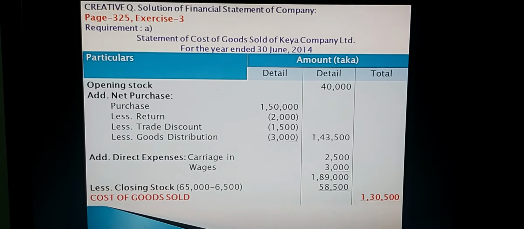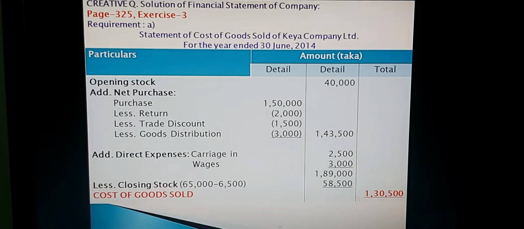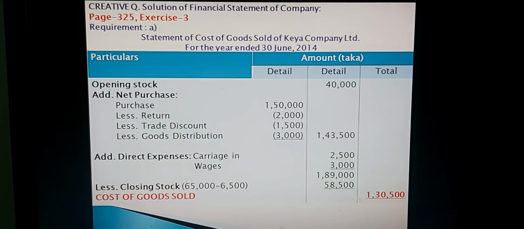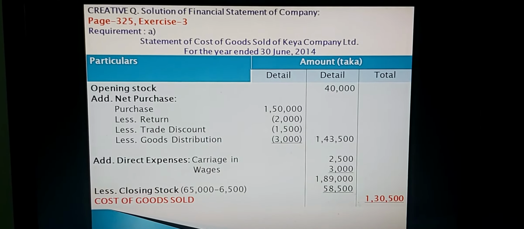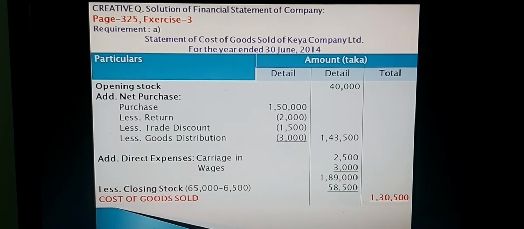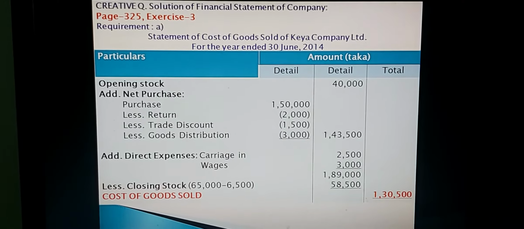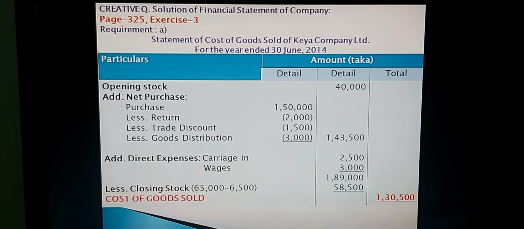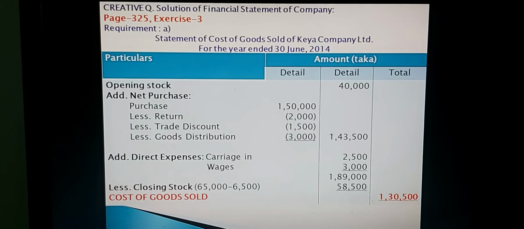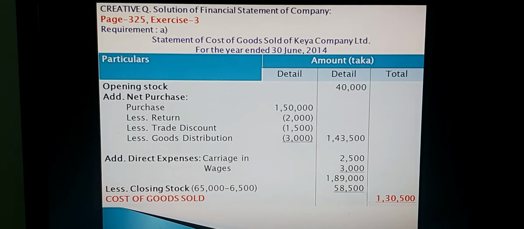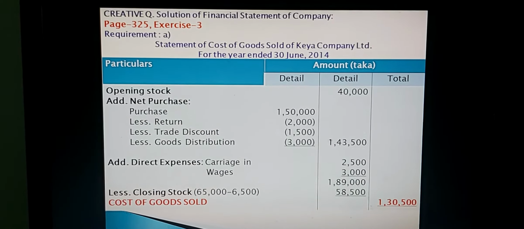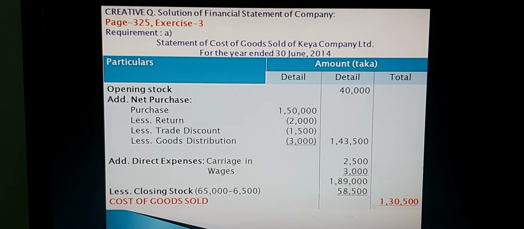Dear students, you know totally 4 heads are available in cost of goods sold. Already I have written 3 heads: opening stock, net purchase, direct expenses. These 3 heads are to be added. Total is Taka 1,89,000.